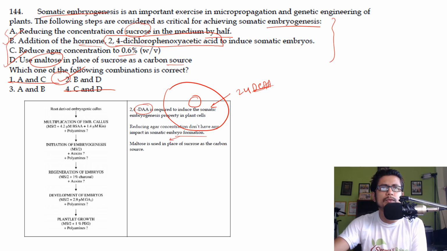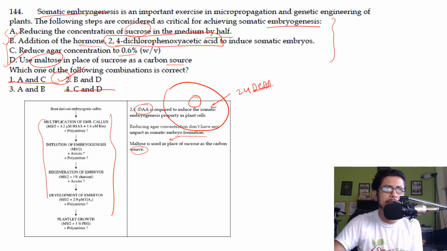Maltose is used in place of sucrose as a carbon source that can influence the production. So these are the steps of how the cell taken from the plant can form into a somatic embryo, and how it continues with the changes of polyamines and auxins and the concentration of that with changing parameters. Okay.